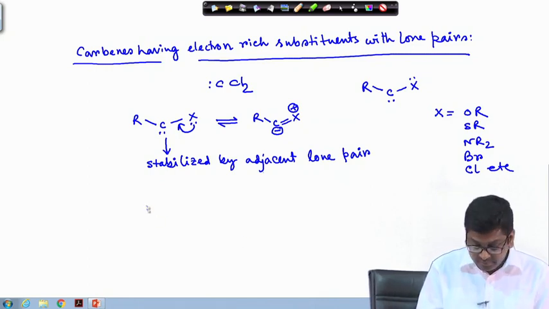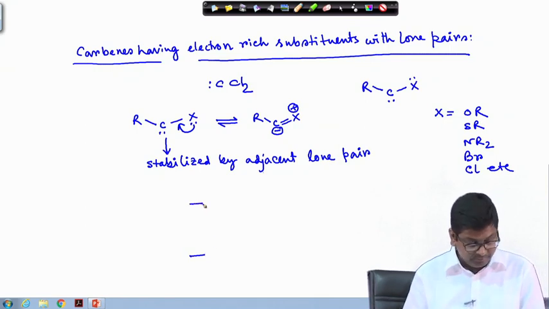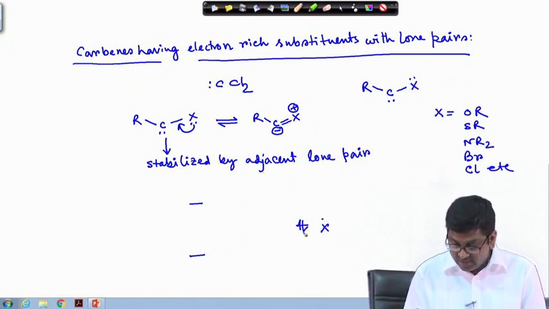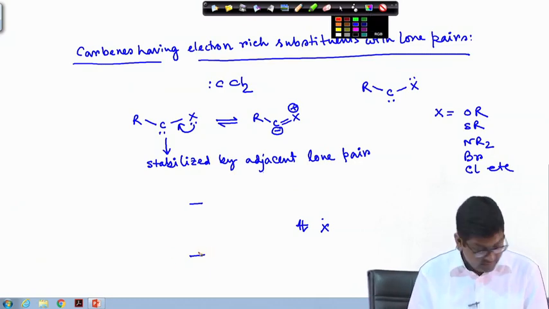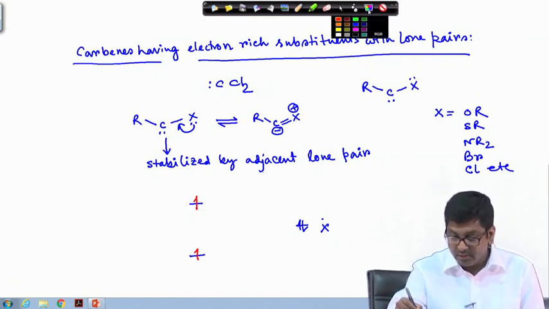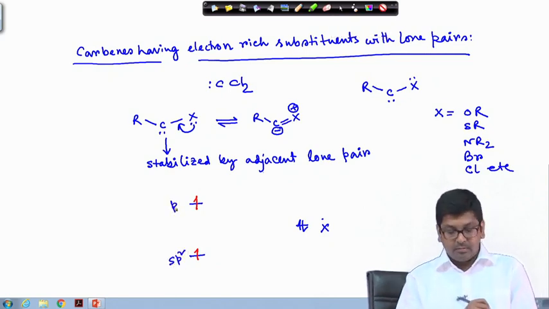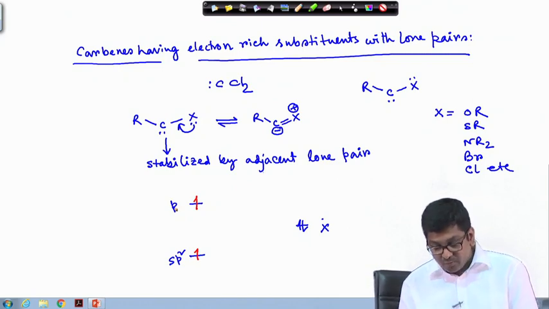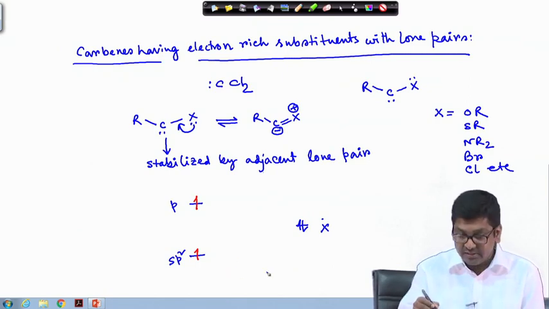If we see its orbital overlap, now this is the X that is having this lone pair, we can think like this, and this is the sp2 and p. Now, once these orbitals overlap, they will generate lower energetic new orbitals. How is it? Now, we will see.